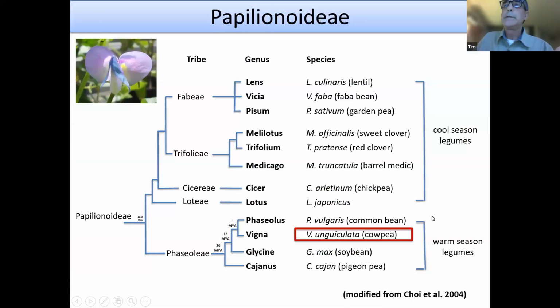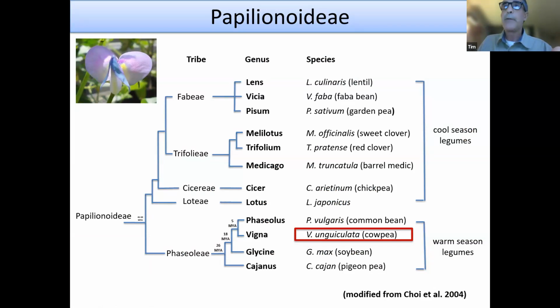Cowpea is in the species Vigna unguiculata, which has several subspecies, including subspecies unguiculata, which is the cultivated, usually grain-type cowpea. Cowpea is in the family Fabaceae, along with many other legumes.